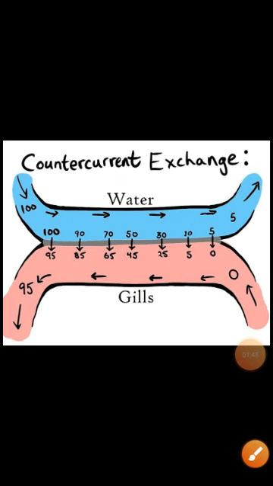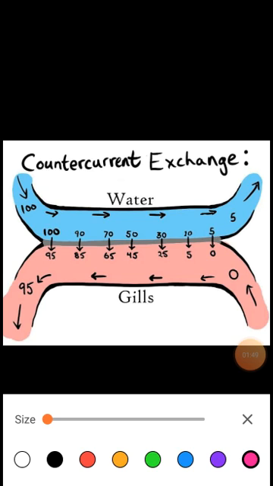During that movement, the water which is coming from here with, for example, 100 ml of oxygen touches the very first portion of the gill, and the blood flowing in the gill has 95 mg of oxygen. There is a concentration gradient of 100 and 95, so 5% oxygen will flow from water into the blood, right?